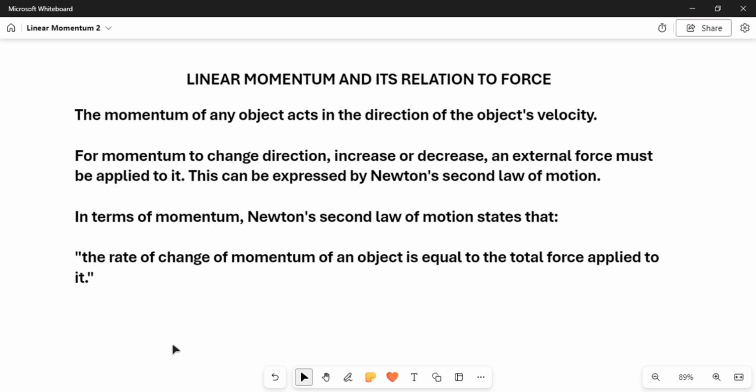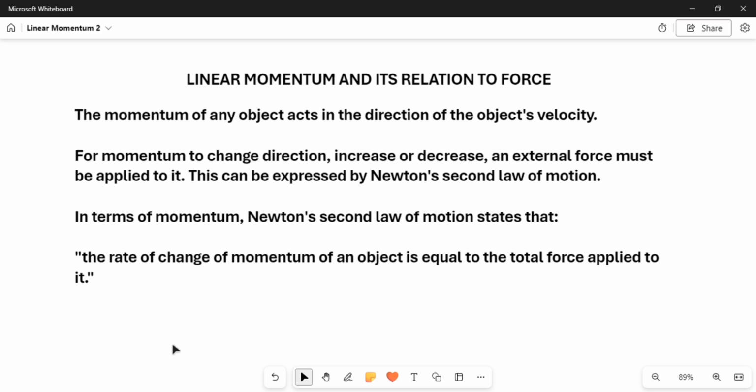Like I said earlier, the linear momentum of any object acts in the direction of the velocity of that object. Now, if linear momentum is acting in the direction that the velocity is acting, it implies that for the momentum to change direction, or for the momentum to increase or decrease, there has to be a relation with the velocity.